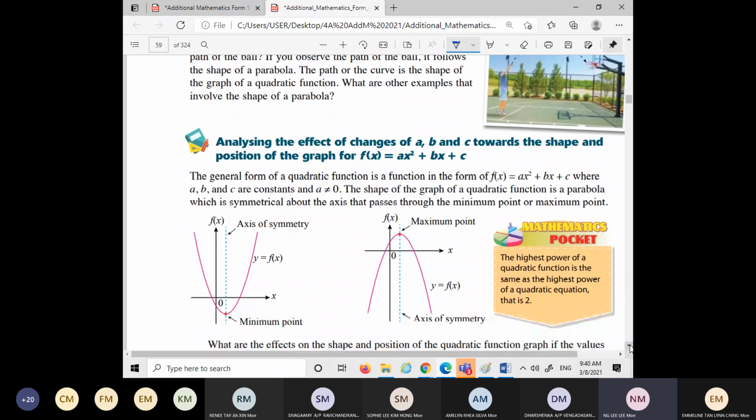The first part of this subtopic, we want to analyze the effect of the change of A, B, and C toward the shape and the position of the graph. I tell you this subtopic again is very lengthy. Actually, I don't like this kind of topic, I have to talk a lot but I didn't write numbers.